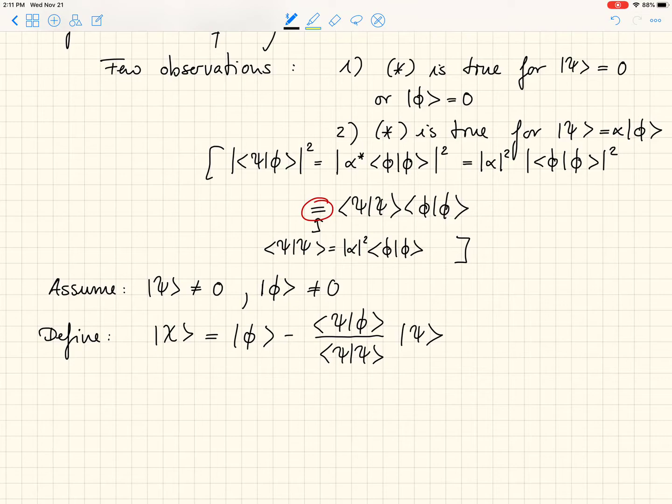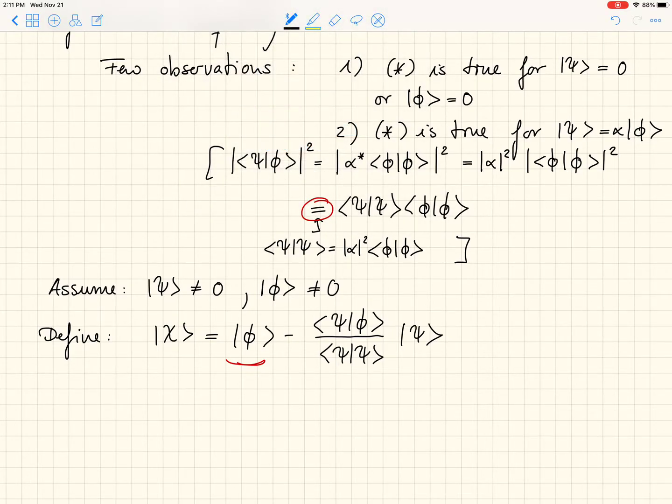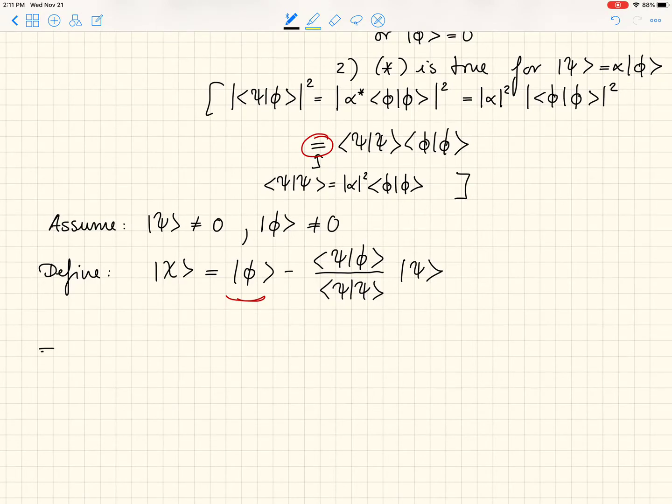If you look carefully at what chi actually is, it is equal to phi minus the projection of phi onto psi. That would be the geometrical meaning. We are going to use this one and actually manipulate it.